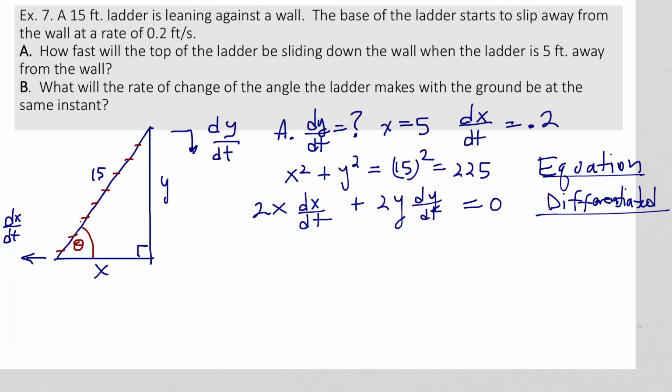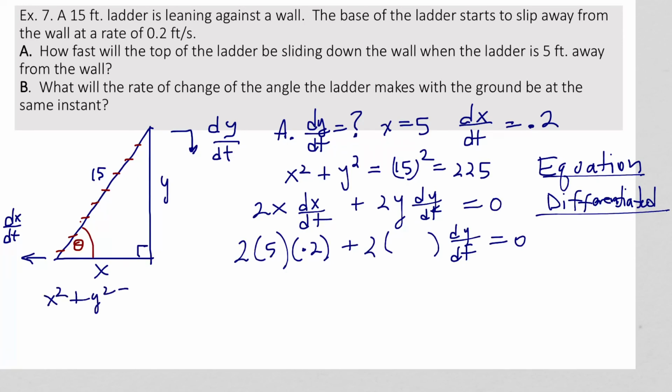All right, now we'll substitute. So we know x is 5, dx dt is 0.2. We don't know y, we have to calculate that, and we're trying to find dy dt. Okay, so over here we know that x squared plus y squared is 225. When x is 5, that means y squared is 225 minus 5 squared. That's 200.